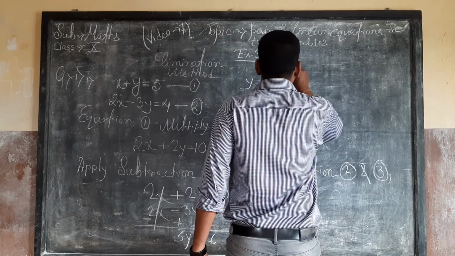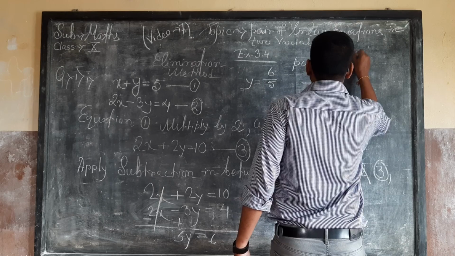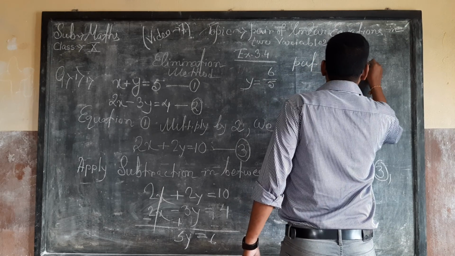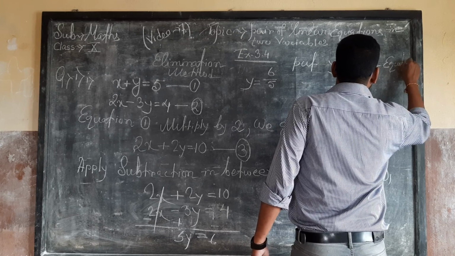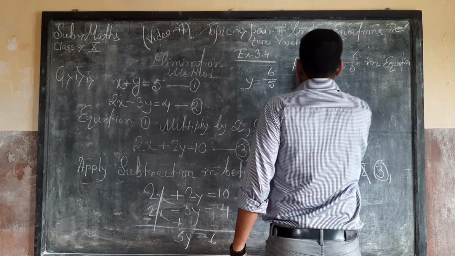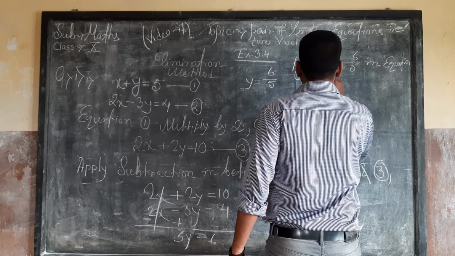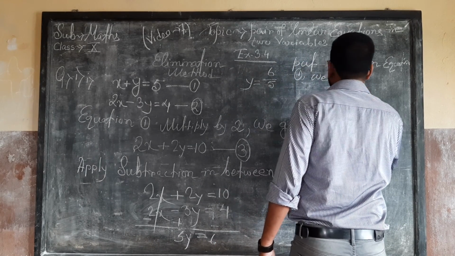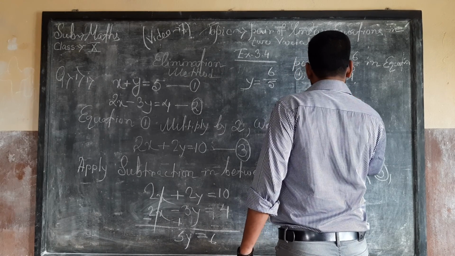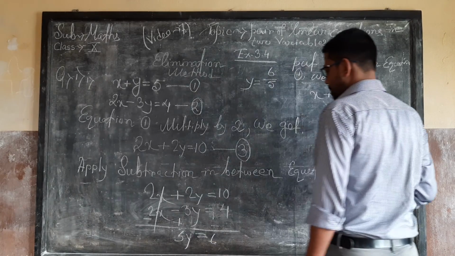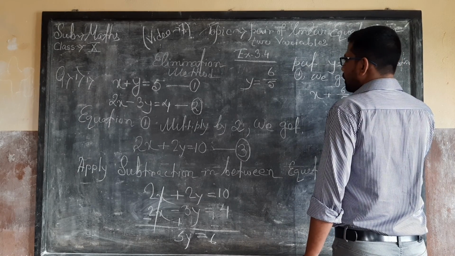So put y is equal to 6 by 5 in equation 1, and we get x plus 6 by 5 is equal to 5.